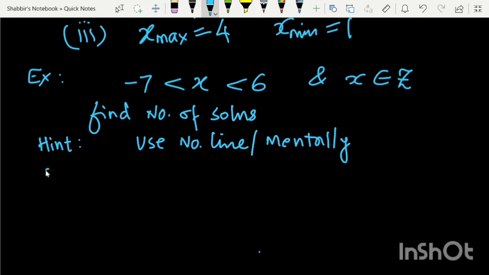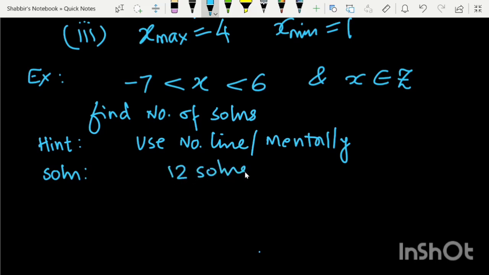So before moving on to the solution, many of you might have done this. The number of solutions: x equals -6 to -1, then 0 to 6, so 12 solutions.